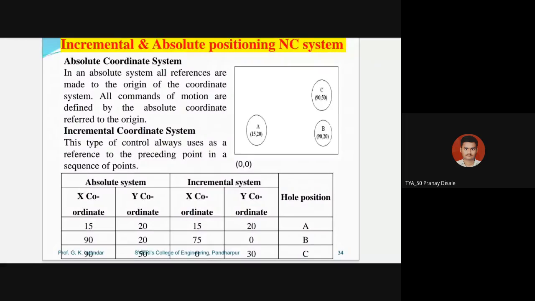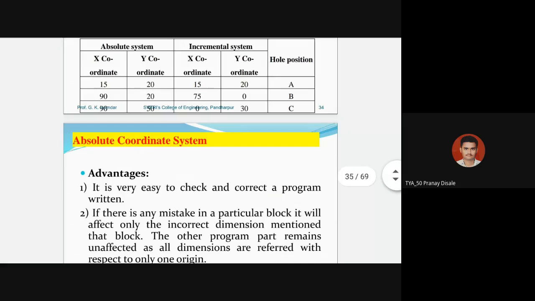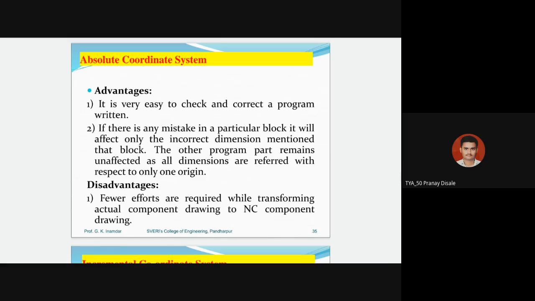Very simple. So some advantages and disadvantages are also there. Advantages of the absolute coordinate system. Absolute coordinate system is nothing but the distance from origin. Now it is very easy to check and correct a written program.